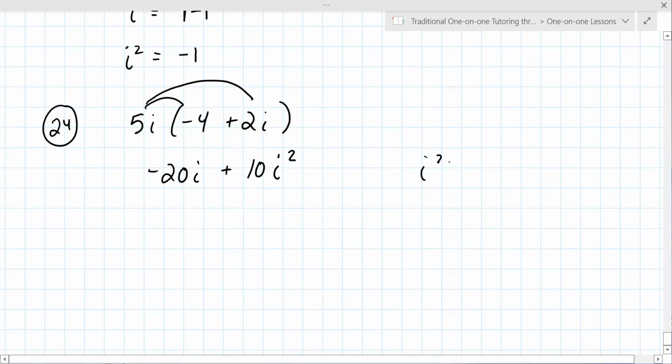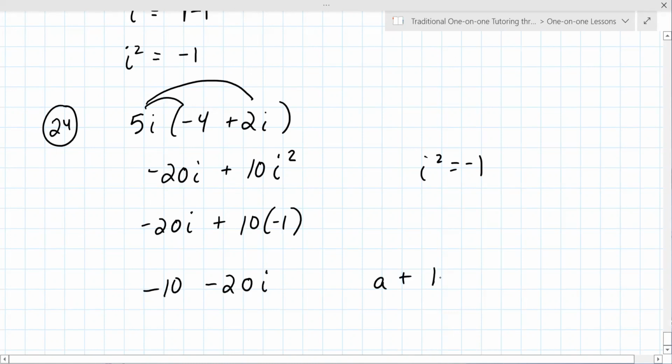What is i squared? It's -1, so you replace i squared with -1. And so you get -10, and that needs to come first according to our format, a plus bi. You can always switch it at the end, but you never want to leave it with this i squared. You're using this substitution.